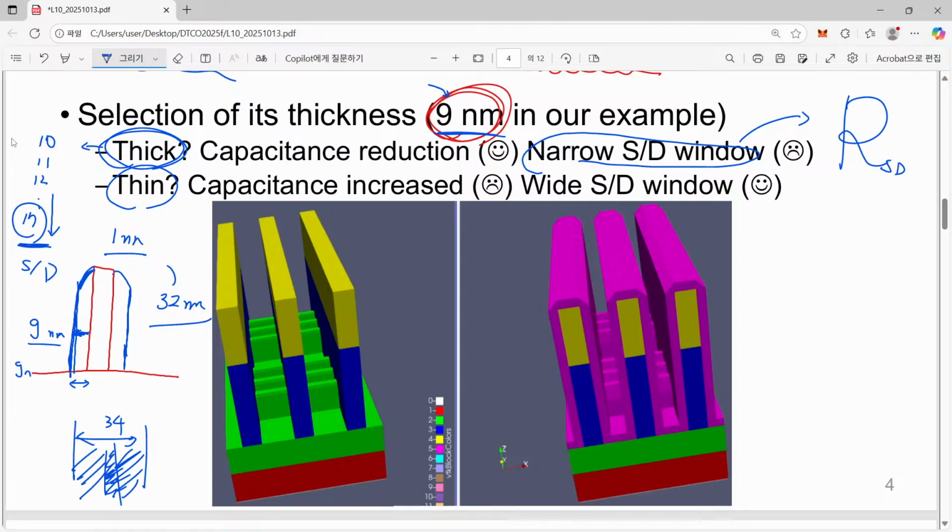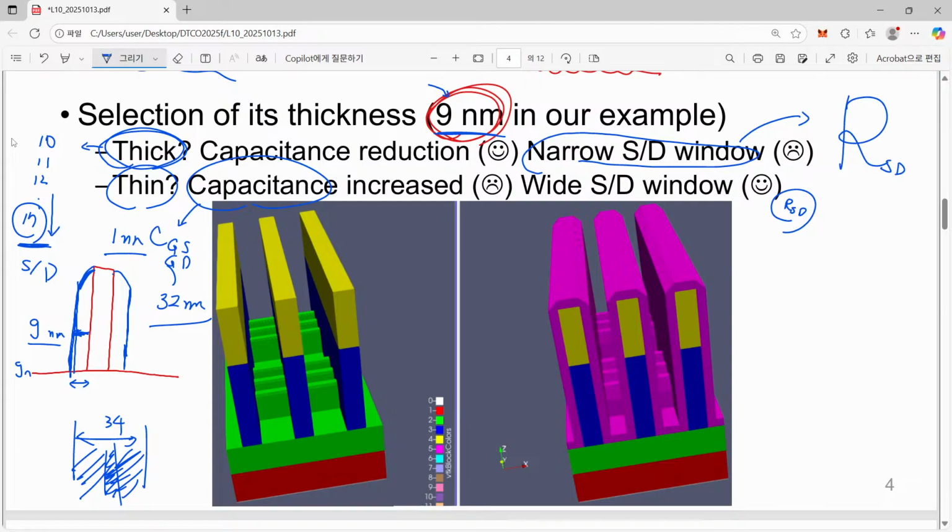So we can put a lot of silicon into it. So resistance will be quite small. So that is quite good. But at the same time, the capacitance between gate and source and gate and drain will increase quite rapidly.